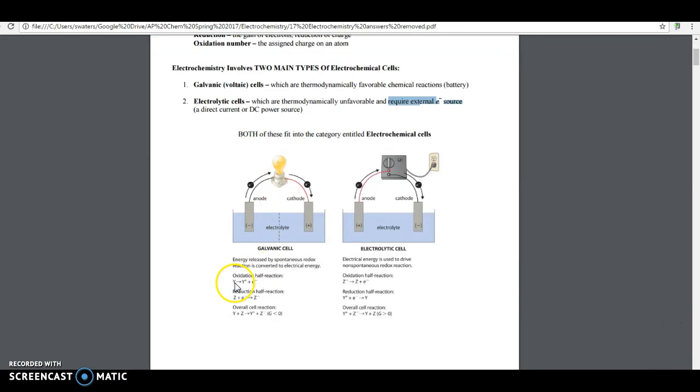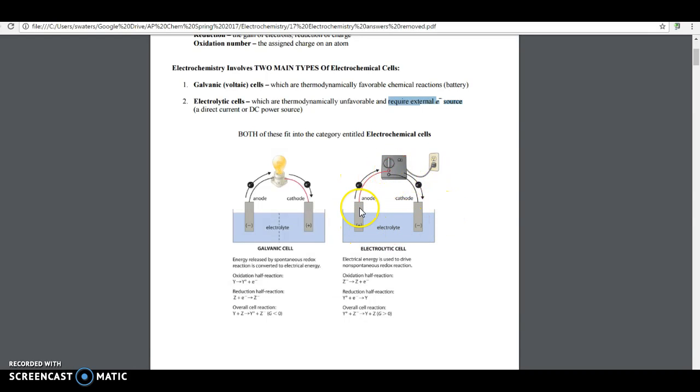In that, we have an oxidation reaction in which something loses electrons, and then we have a reduction reaction in which something is gaining. And you can see something losing electrons over here on the left and something gaining them on the right-hand side. The same thing happens in an electrolytic cell. Something's losing electrons, something's gaining electrons. The only difference is this doesn't happen spontaneously.